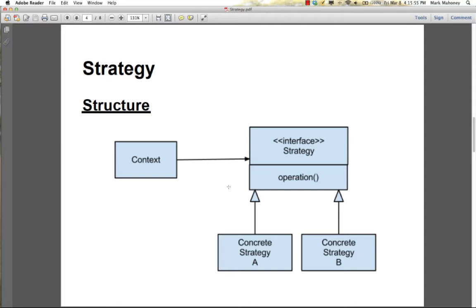Okay, the reference will eventually point to a concrete strategy, but since a concrete strategy is a strategy through inheritance, the context reference can point to any concrete strategy.